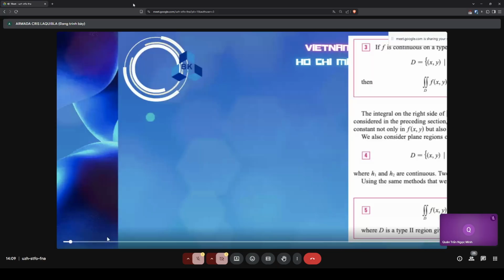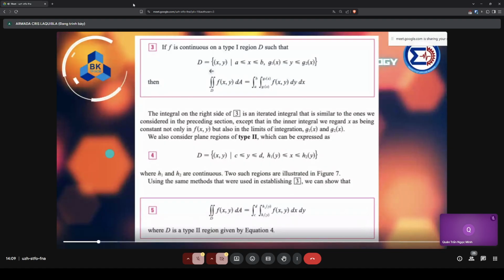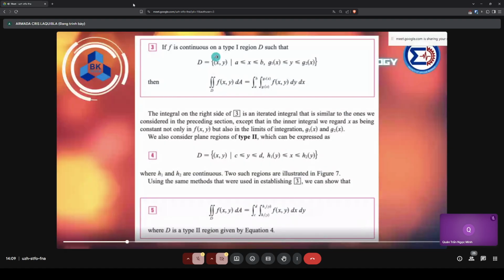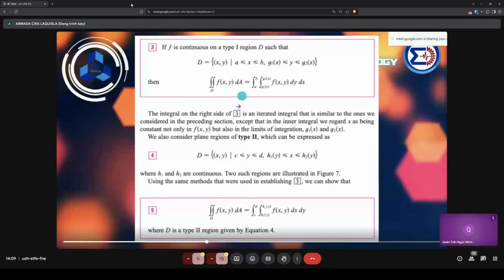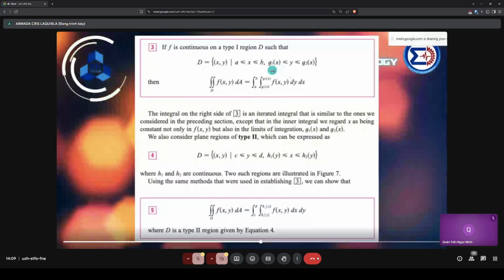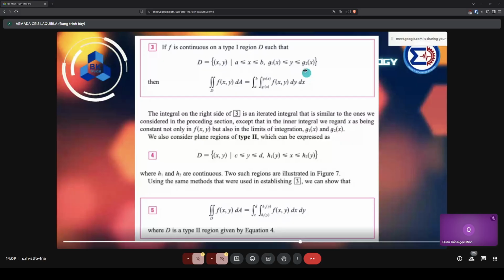Next, you have if f is continuous in a type 1 region, such that D is bounded from a to b, and then your y is bounded by two functions, g1 of x and g2 of x. So now one of your variables is bounded by two functions.